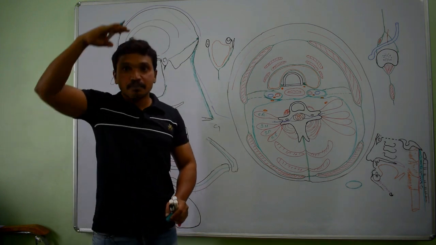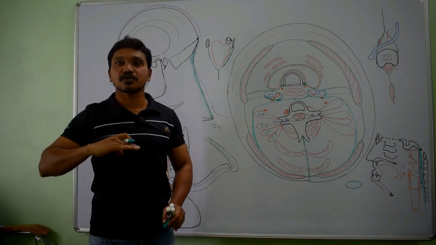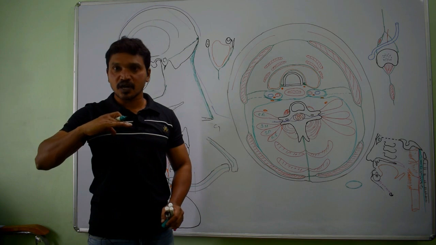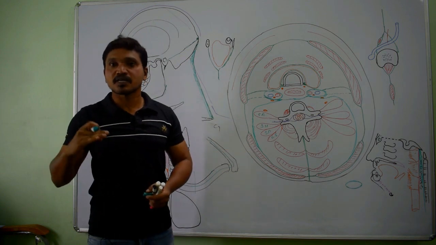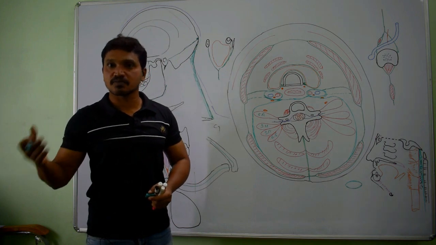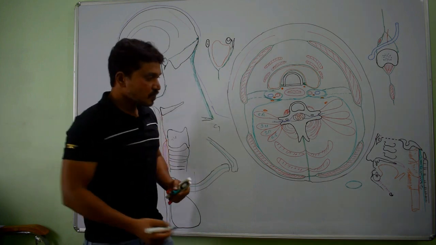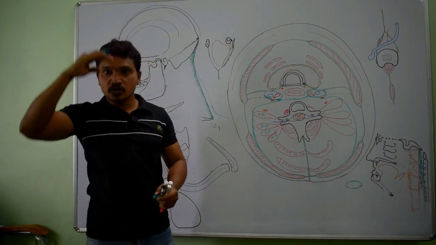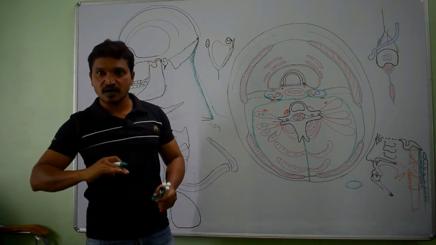It is extending from the base of the skull to the arch of aorta, because the carotid system will be arising from the arch of aorta only. Of course, on the right side, it is taking origin from the brachiocephalic trunk. Still, the brachiocephalic trunk will be taking origin from the arch of aorta only. So, this carotid sheath extends from the base of the skull to the arch of aorta, right?